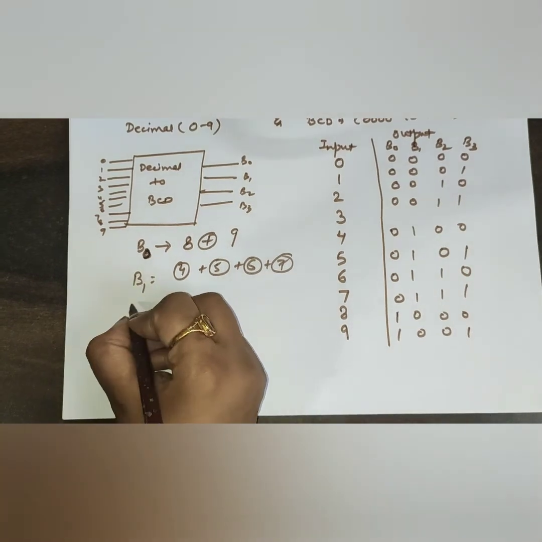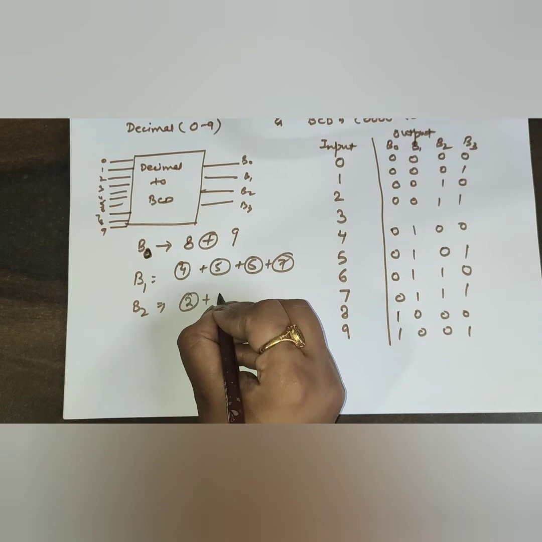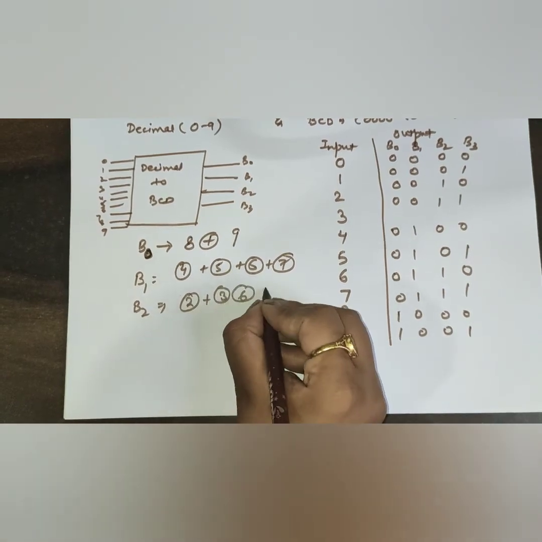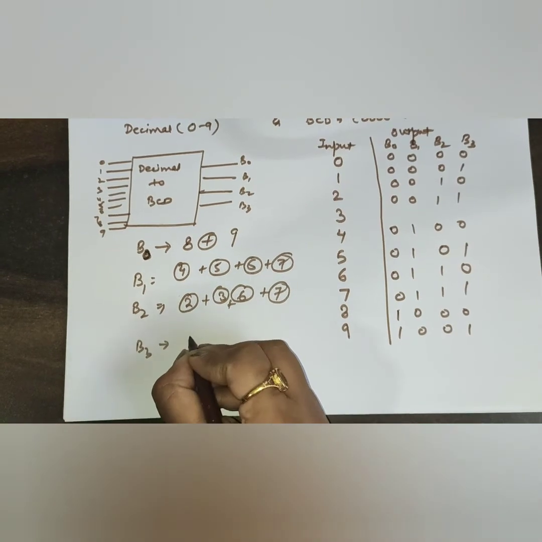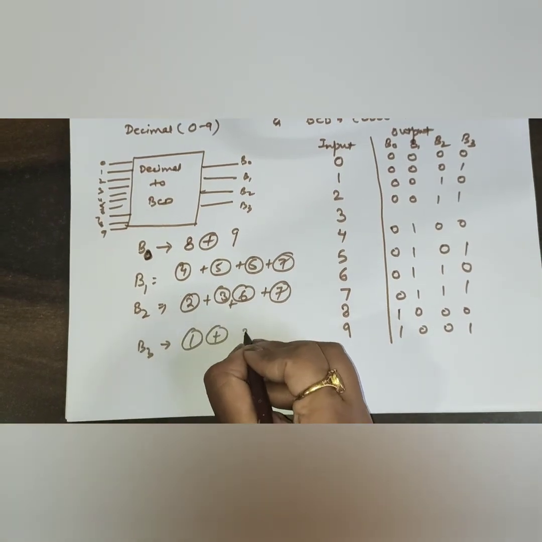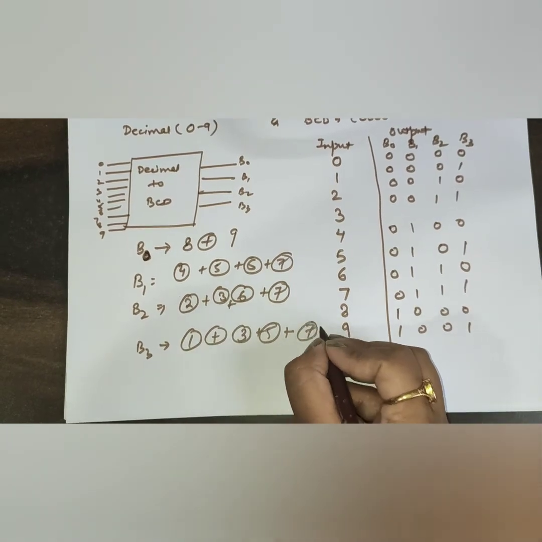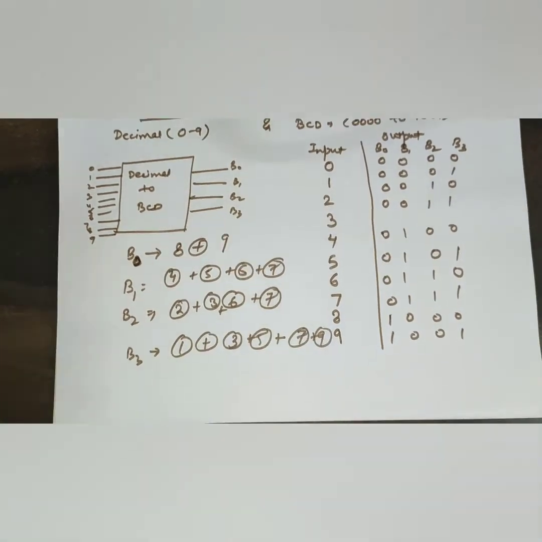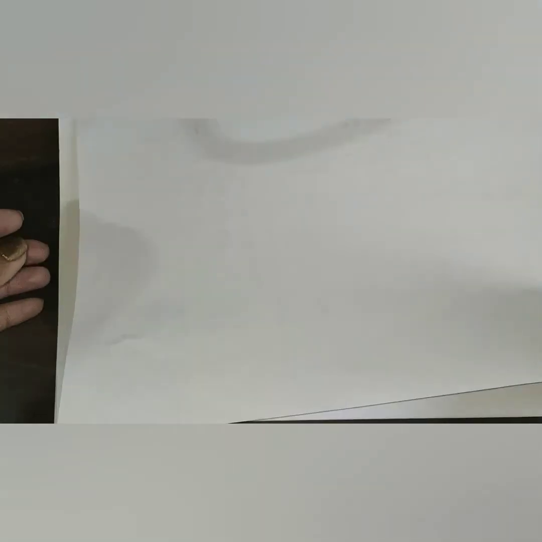Now B2 will be when 2, 3, 6 plus 7. Now B3 will be 1, 3, 5, 7 and 9. This is our BCD.